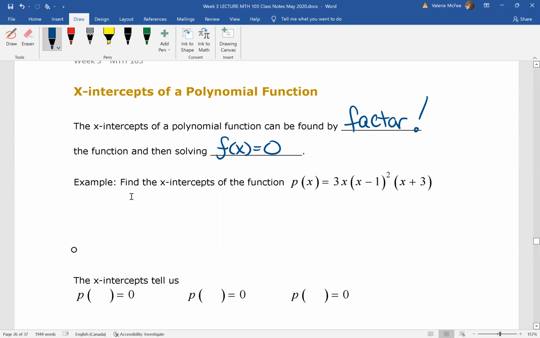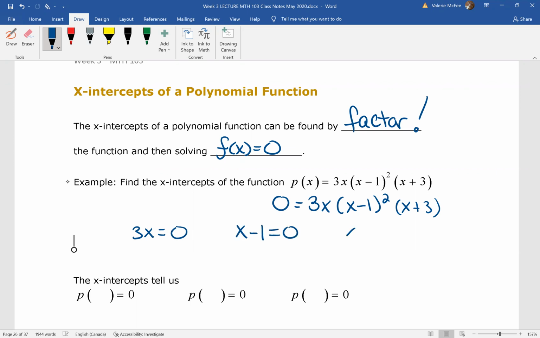So here's an example of a polynomial function, and you can see we've already factored this. So now all we need to do is let the equation equal 0. And we see that 3x could equal 0, x minus 1 could equal 0, and x plus 3 equals 0.